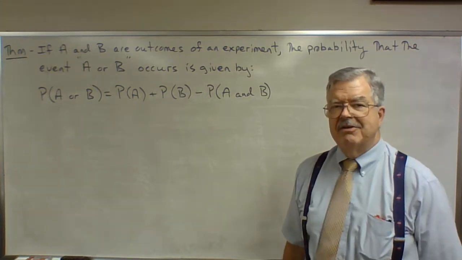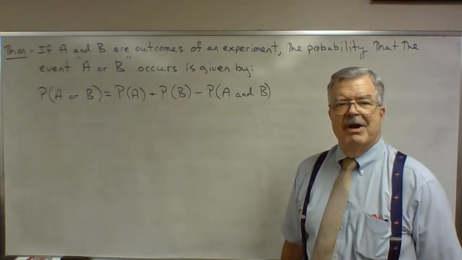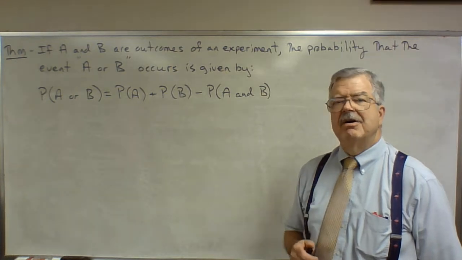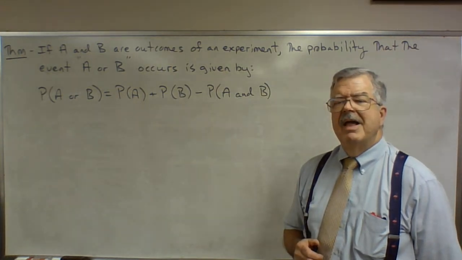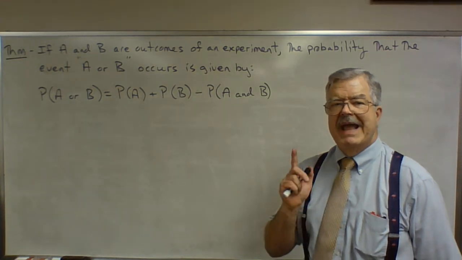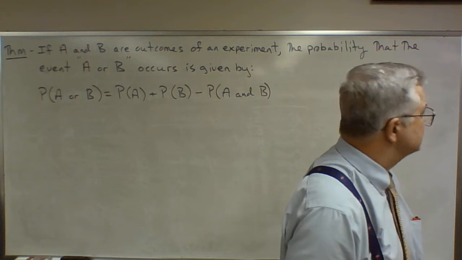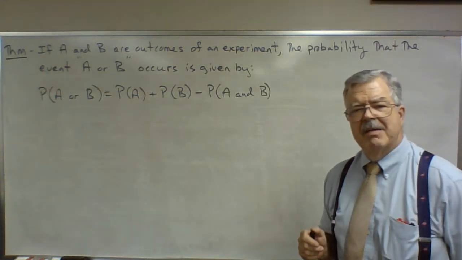Let's go back to the experiment where we're drawing a single card and we want to compute the probability that either we get an ace or we get a heart. Let's examine that.